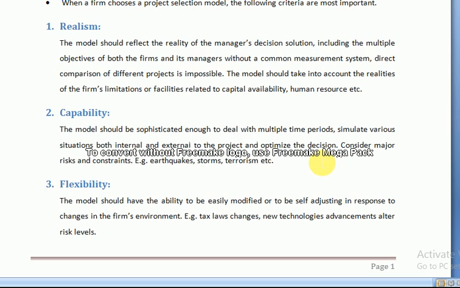So in future, the business faces problems while completing such a project.